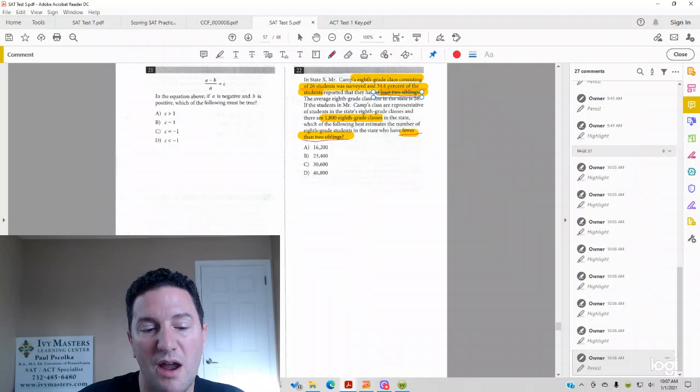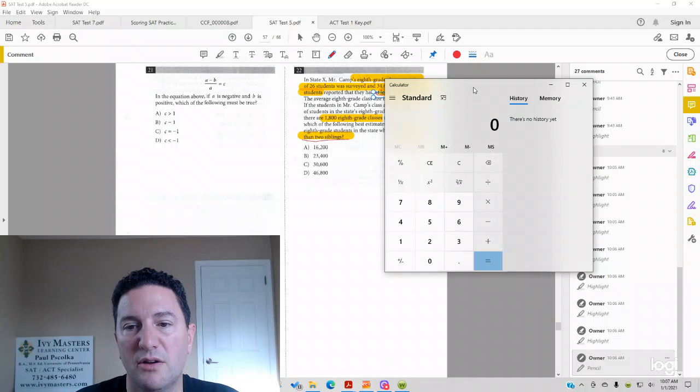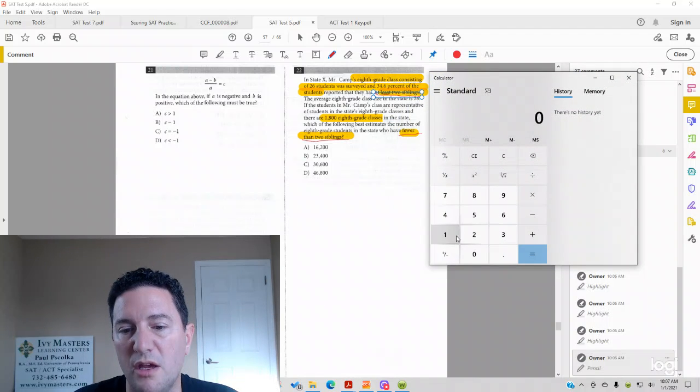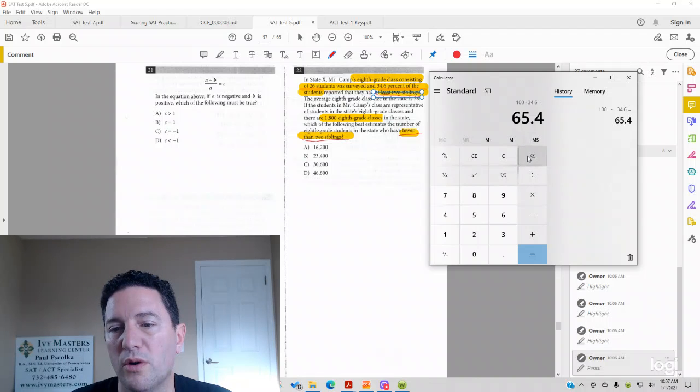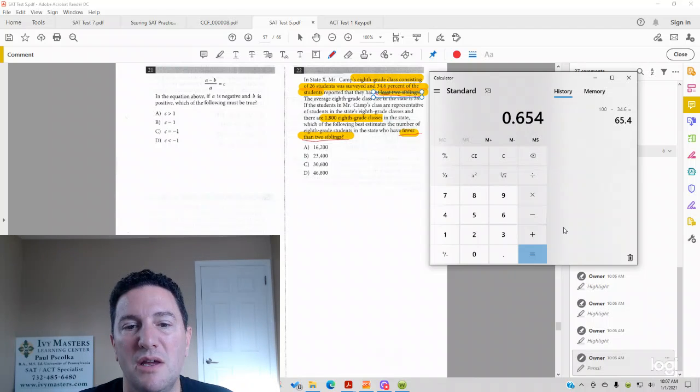So instead, what I recommend you do, and this is with Calc Math, I'm going to pull up just a computer calculator over here. If you take 100 minus 34.6, what you get is 65.4. So you take your 0.654, that's 65.4 as a decimal, and you multiply it by 26, because there are 26 students in the class.